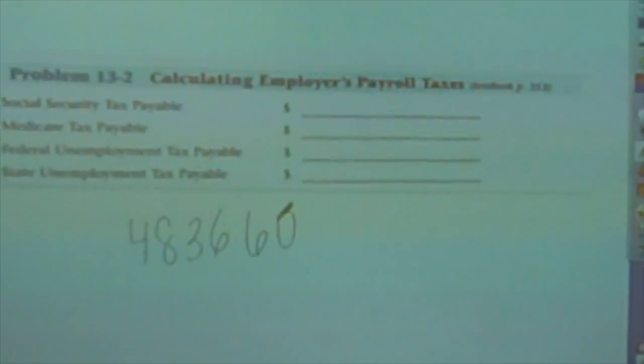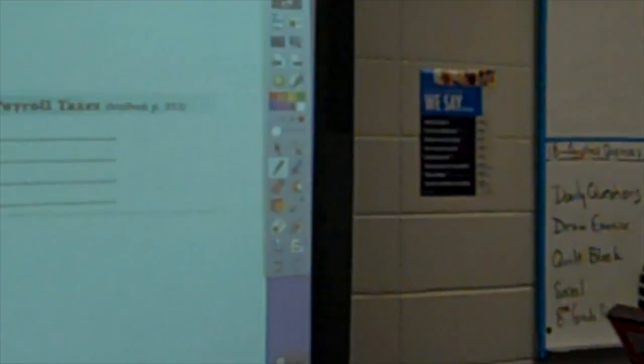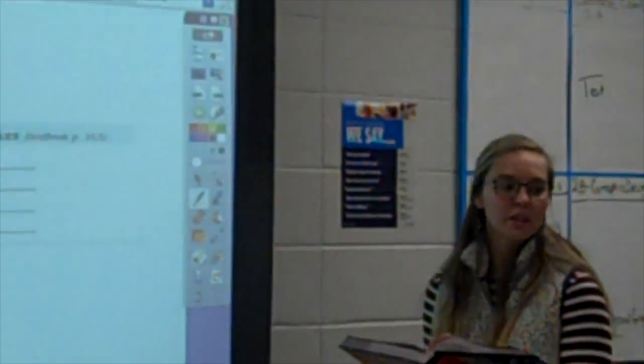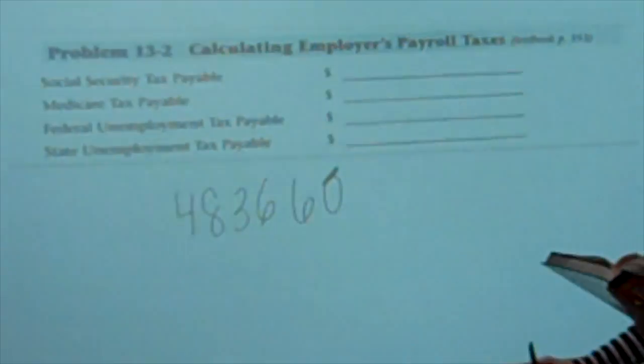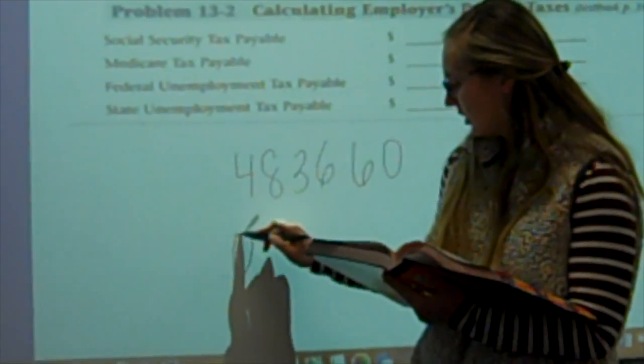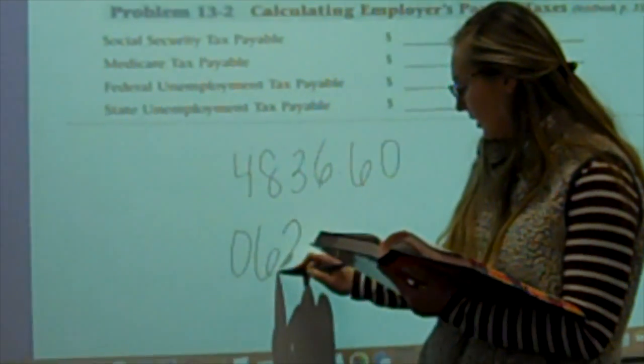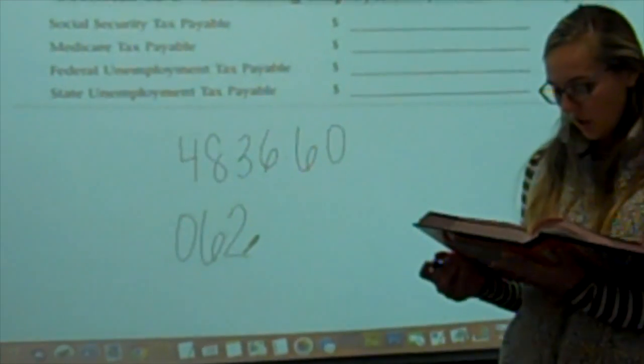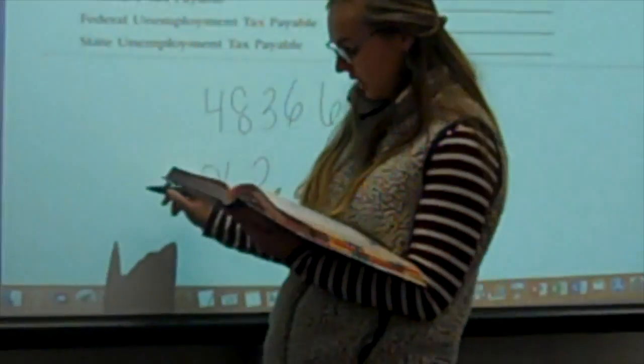Use the following percentages. For our Social Security tax, what are we going to use? 0.062, or 6.2%. Okay, so that's our Social Security.